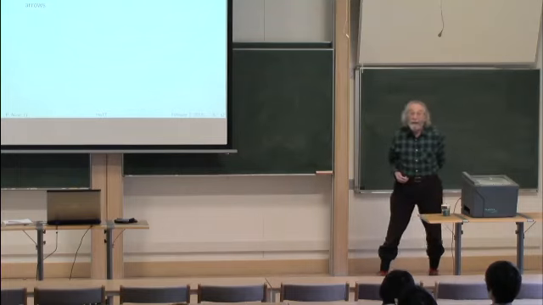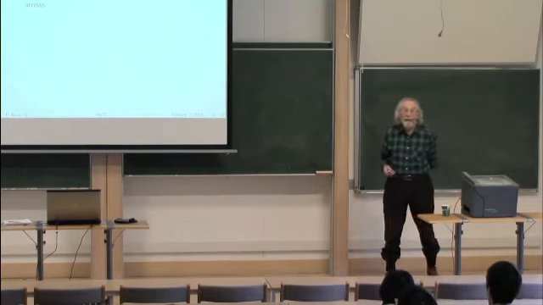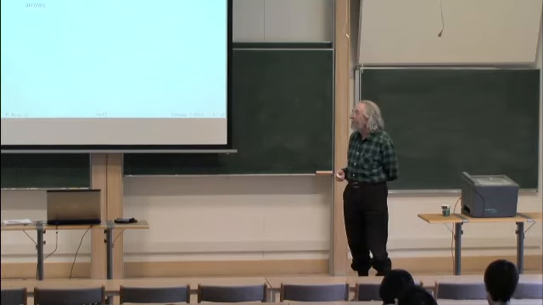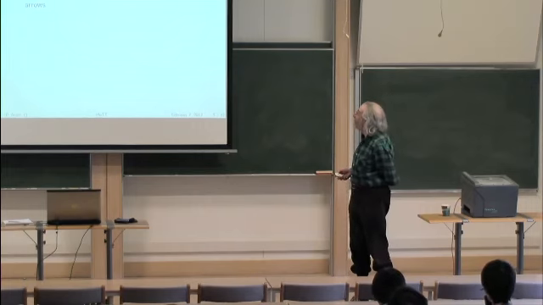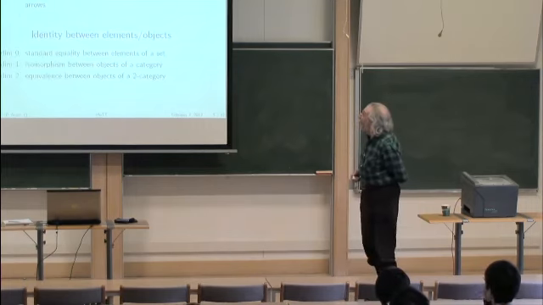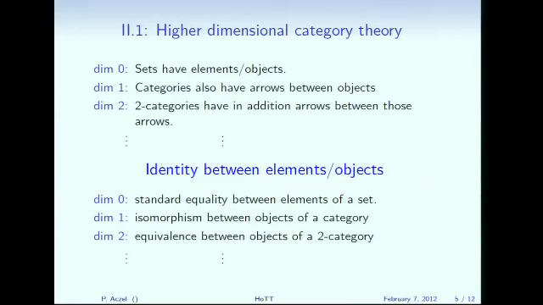A lot of work has been done on higher dimensional category theory in the last 10, 15 years. It's not a topic I'm that familiar with. There's also the issue of identity between elements, and this changes as you go up in dimension.